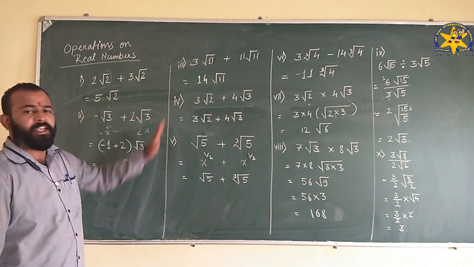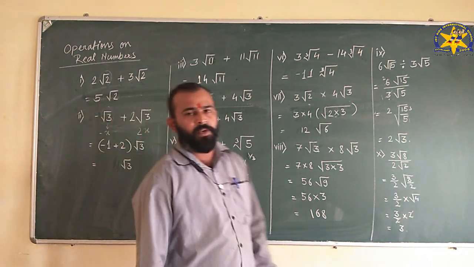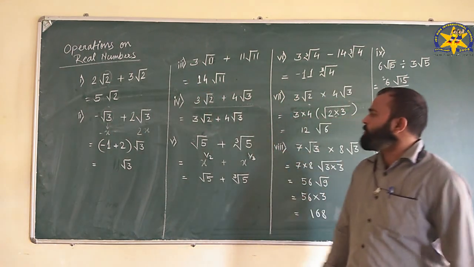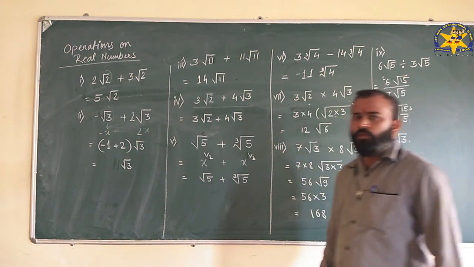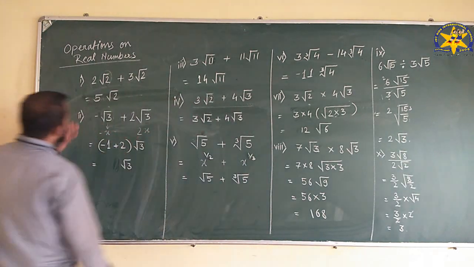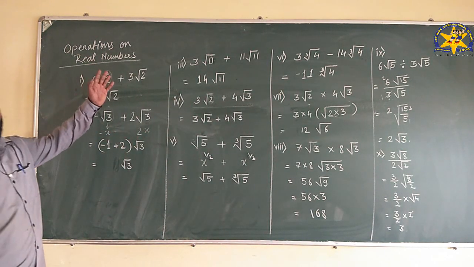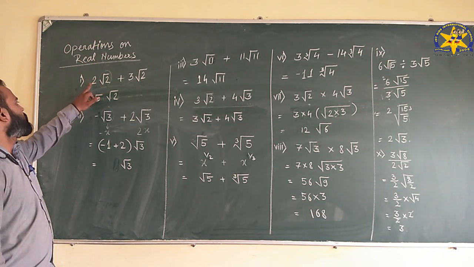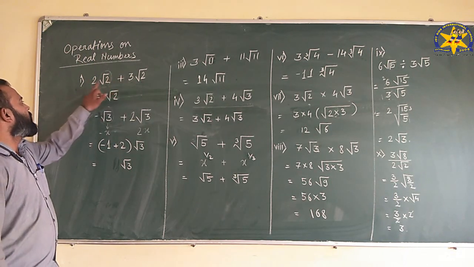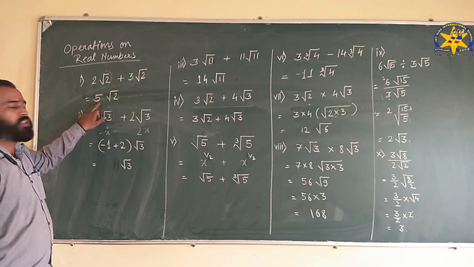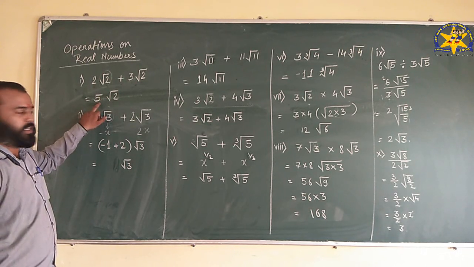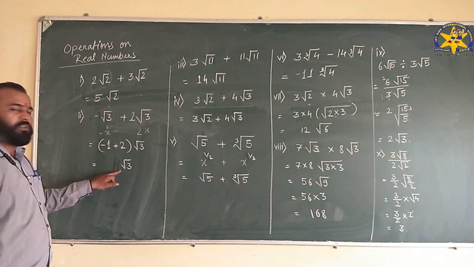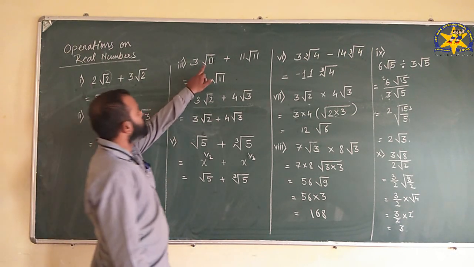So we have seen such problems which depend upon the operations on real numbers: addition, subtraction, multiplication and division. Now see what the results are. From these results we will come to know some properties. Two irrational numbers added, answer was irrational.